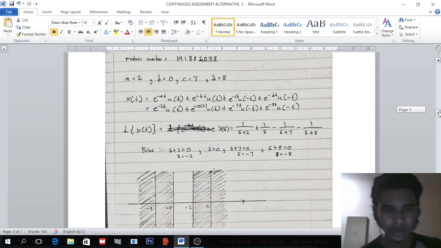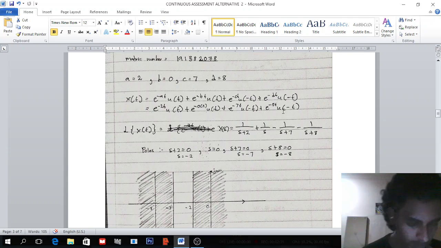First of all, we need to replace with the numbers. So e^(-2t)u(t) + e^(-0t)u(t), where b is equal to 0, + e^(-7t)u(-t) + e^(-8t)u(-t).